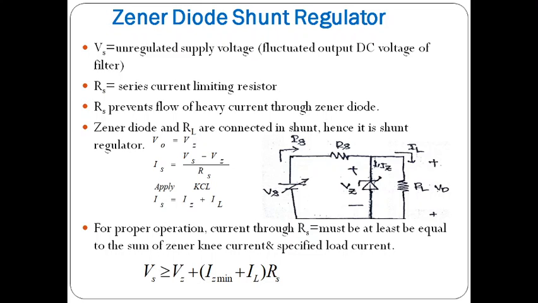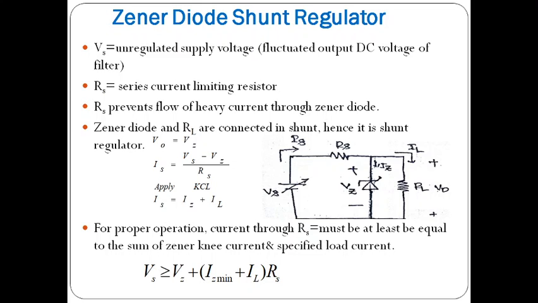The current coming from the source we are considering as Is. The current is divided into two parts: the current passing through the zener diode, and the current passing through the load resistor. So the total current in the circuit, Is, equals the sum of the current passing through the zener diode and the current passing through the load resistor.